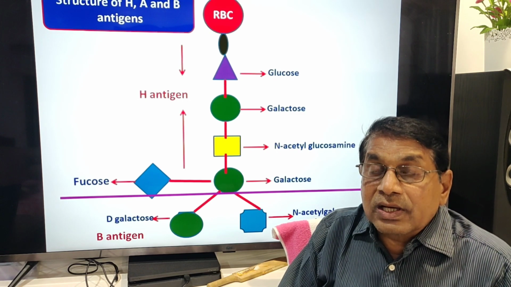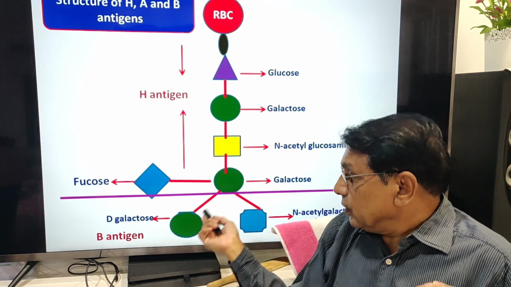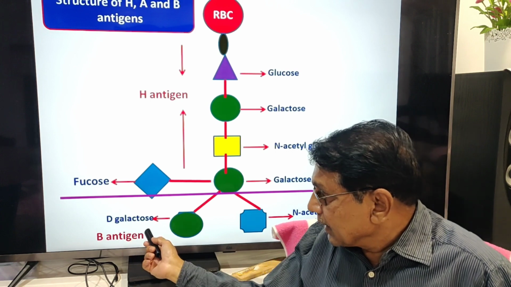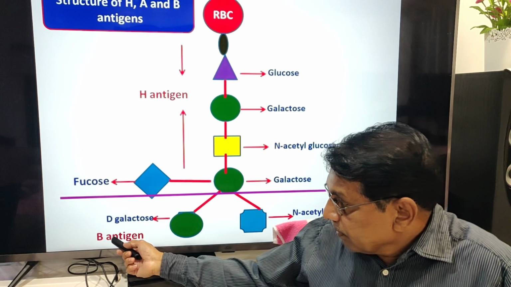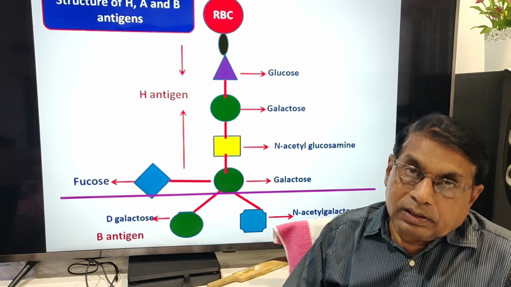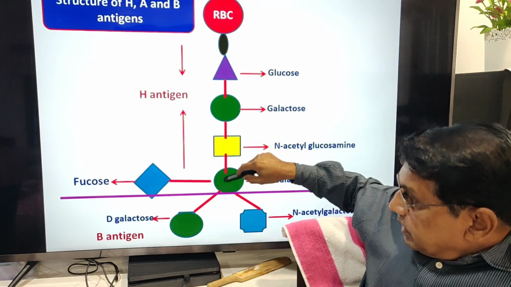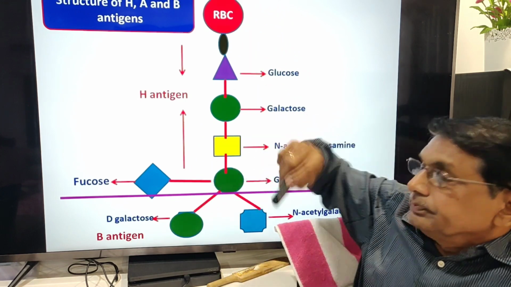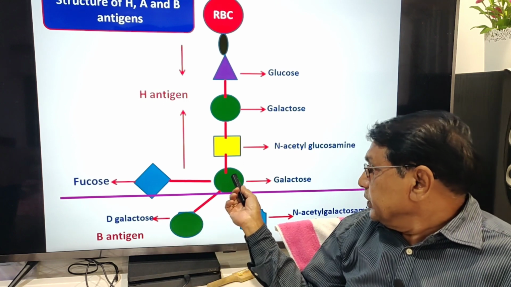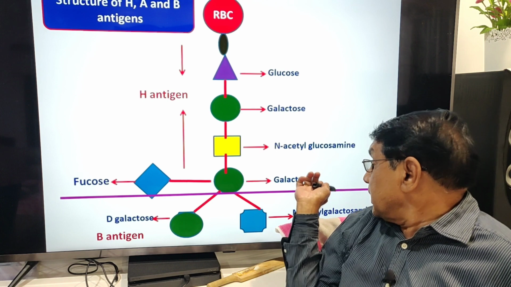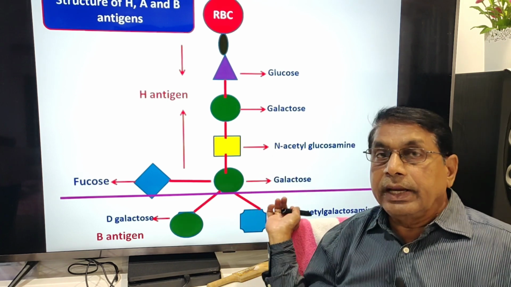Where does the difference lie? Suppose D-galactose is attached to the galactose, then that person will become B blood type. It is B antigen. But if N-acetyl galactosamine is attached to this galactose, it is A antigen.